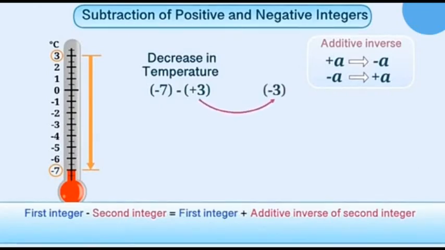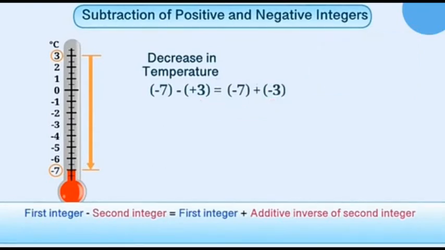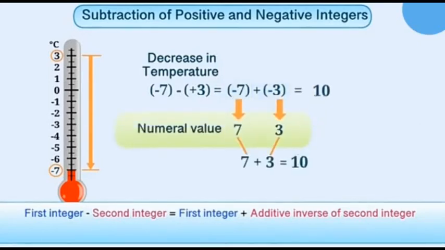Then we will add this to minus 7. As you can see, the sign is the same in both minus 7 and minus 3. Therefore, we will add the numeral values of these numbers and we will put the sign of these numbers, that is minus sign with the result. Thus, the result obtained is minus 10.